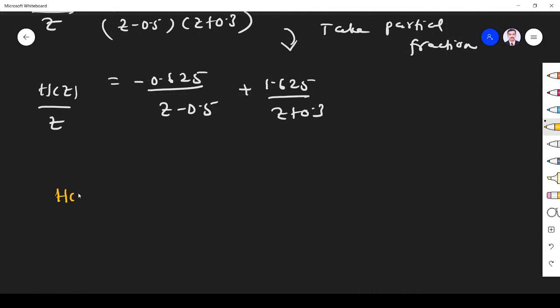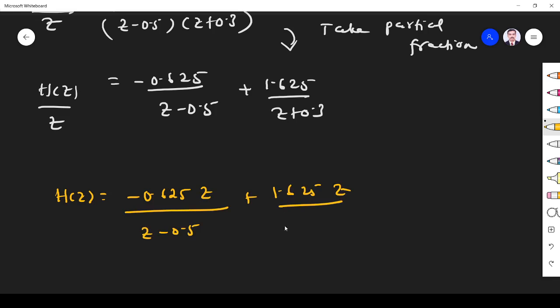H of z is equal to minus 0.625 z divided by z minus 0.5 plus 1.625 z divided by z plus 0.3. I brought the z for both.